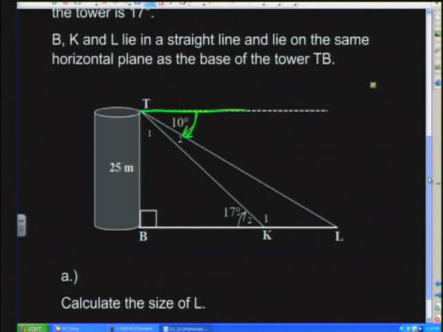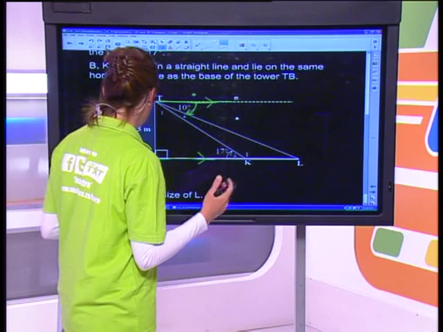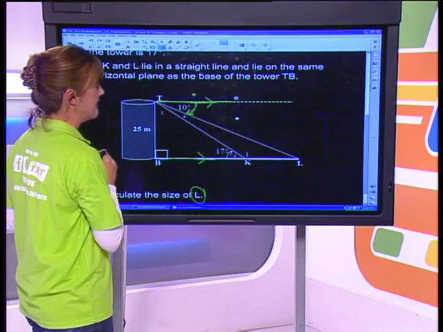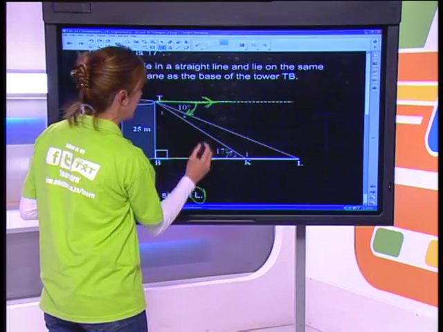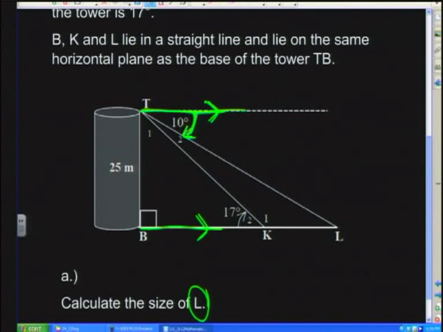So let's see what they want us to look at over here. Bearing in mind, because this line over here and this line over here are horizontal, obviously they're going to be parallel. So the very first question is asking me to find the size of angle L. Knowing that these lines are parallel, my angle of depression over here is going to be an alternate angle to angle L over there, which is also going to be 10 degrees.